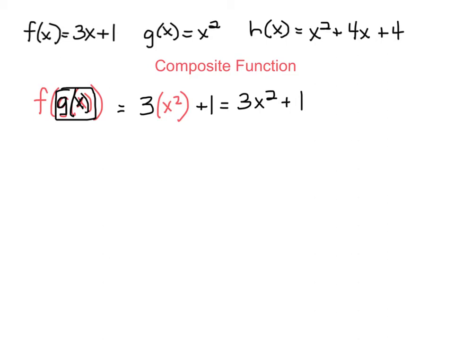What if we turned it around? What if we did g of f of x? I want to put f into g. So I'm just taking out that x in parentheses, and I'm going to put in the f.